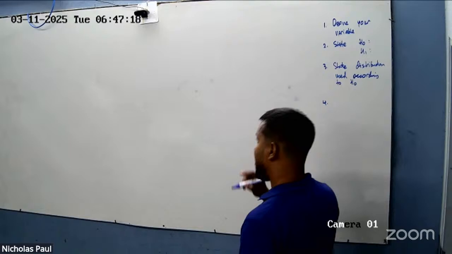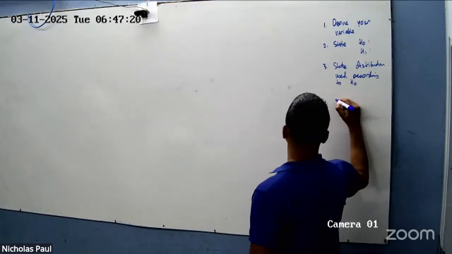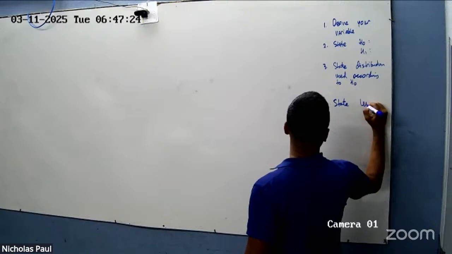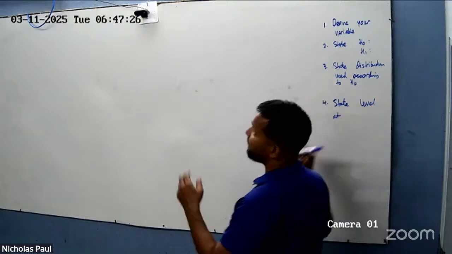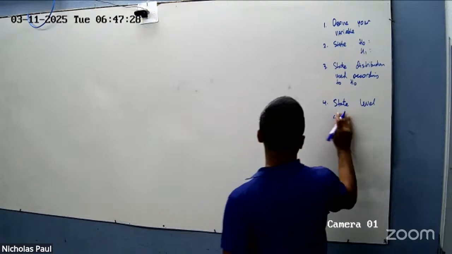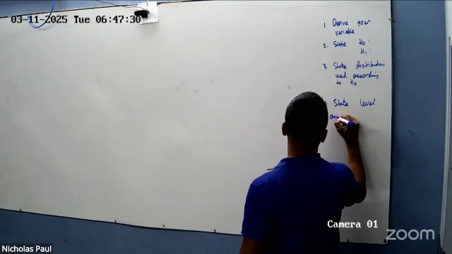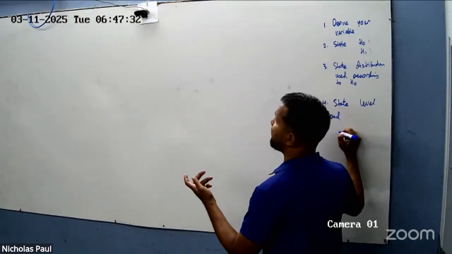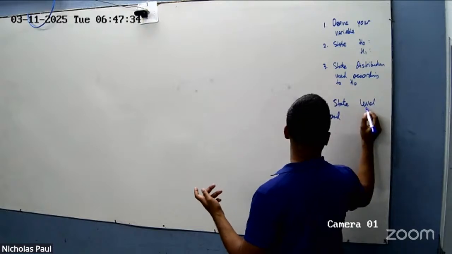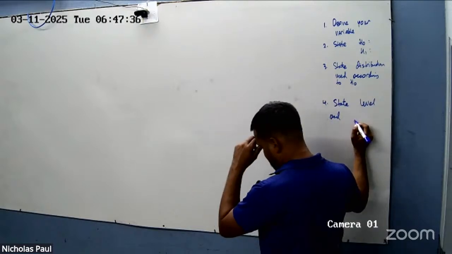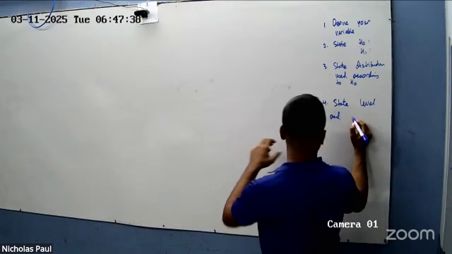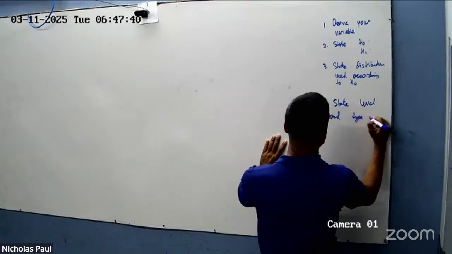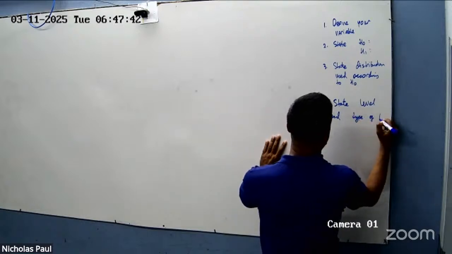Now, before that, you have to state the level, like if it's a 5% level, and after you state the level, the type of test.